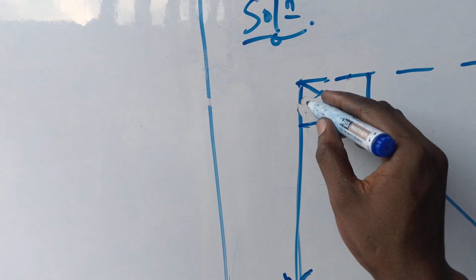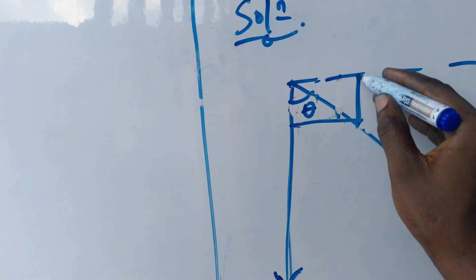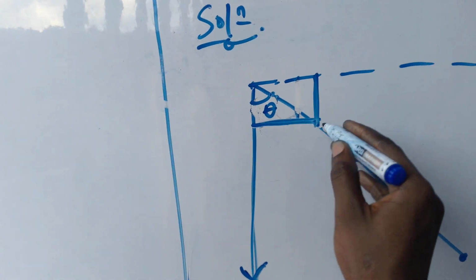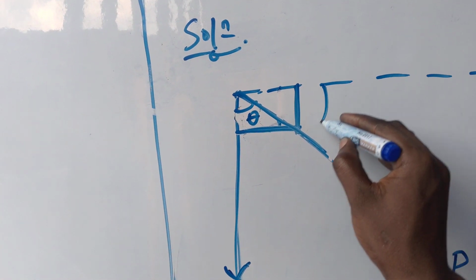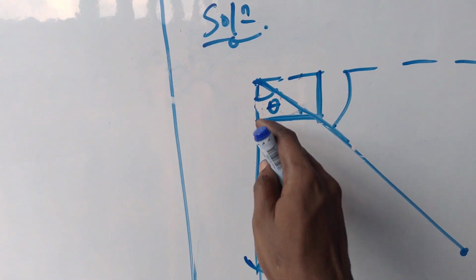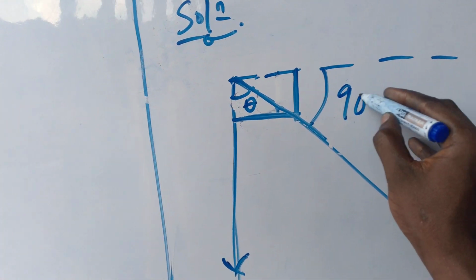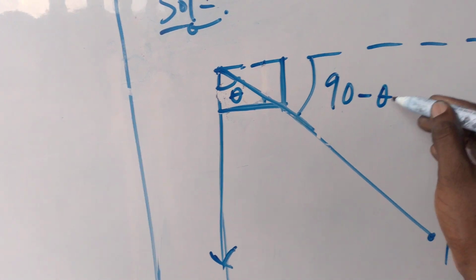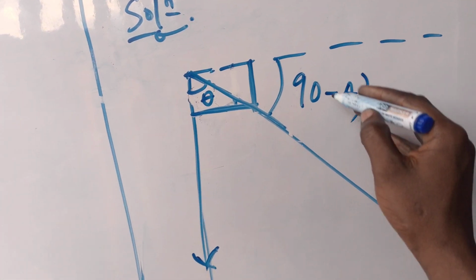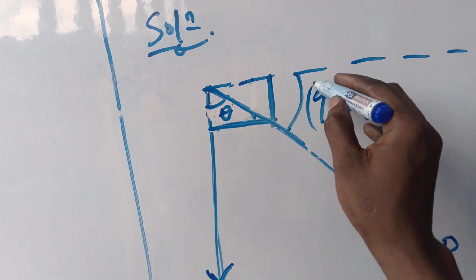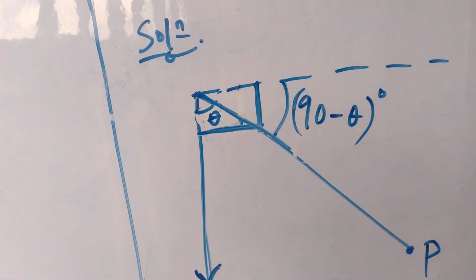If this is theta, from here to here is 90, so the remaining angle will be 90 degrees minus theta. We have this angle as 90 minus theta.